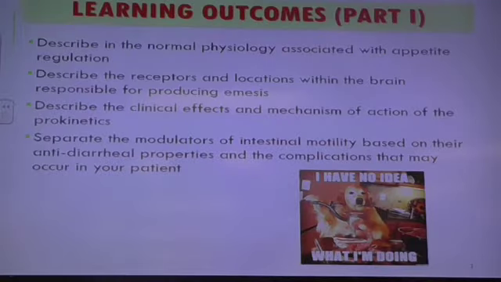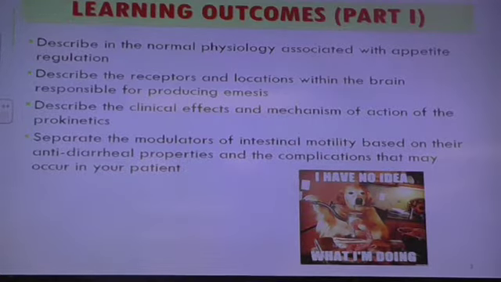Before we get started on GI pharmacology, we're going to talk about the learning outcomes for part 1. First, you need to know the normal physiology of appetite regulation, because we're going to talk about the drugs that stimulate appetite, and describe the receptors and the locations within the brain that are responsible for emesis or vomiting.